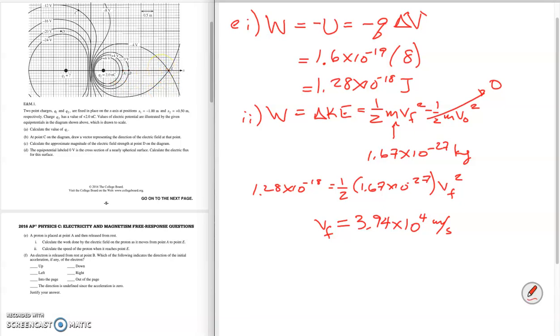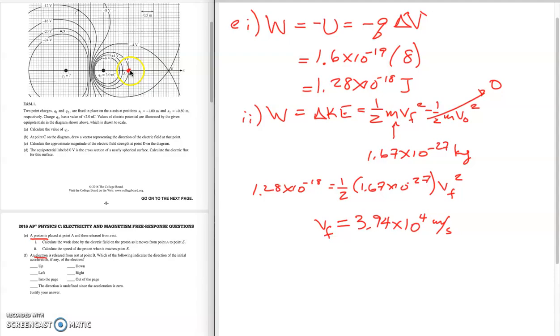All right, part F. Now, instead of a proton, you need to keep in mind here, part E was about a proton. Part F is about an electron. And the electron we're going to put at point B. Well, if the proton naturally moves from A to E when we let it go, the electron is going to move in the opposite direction.